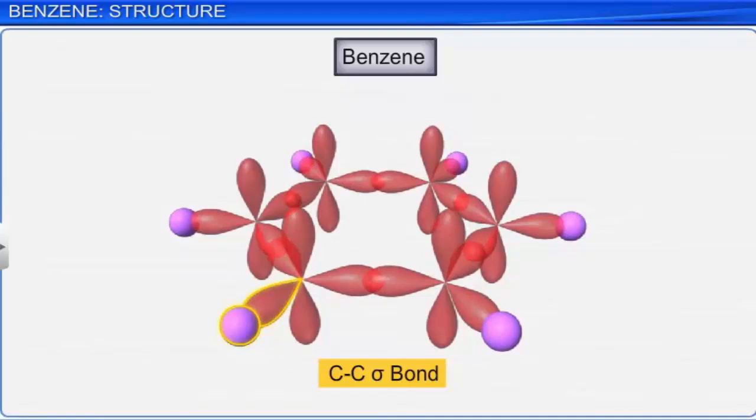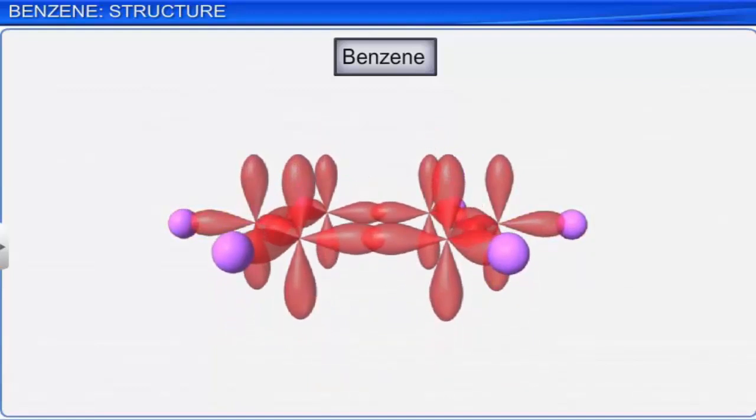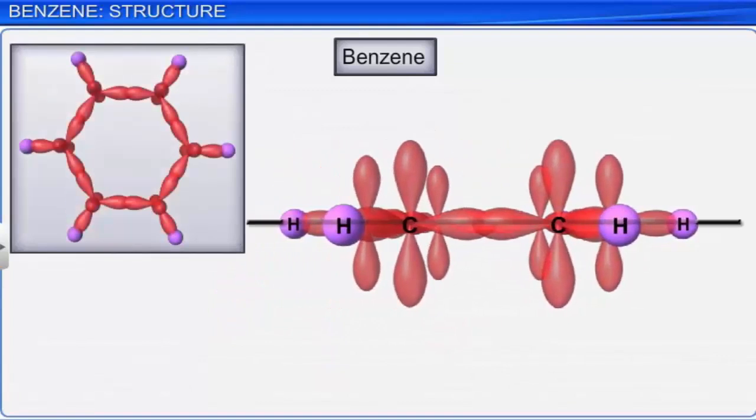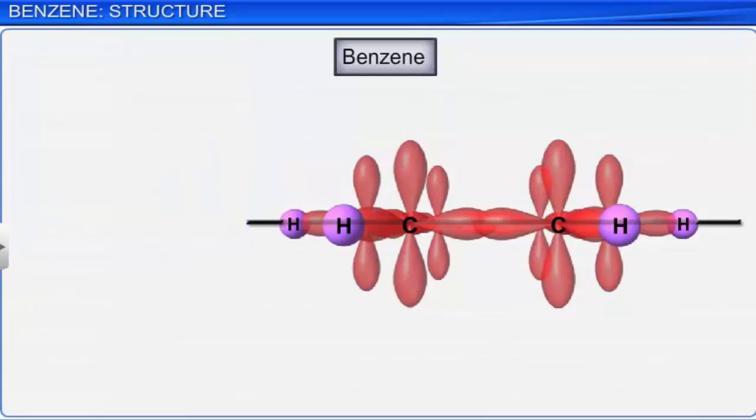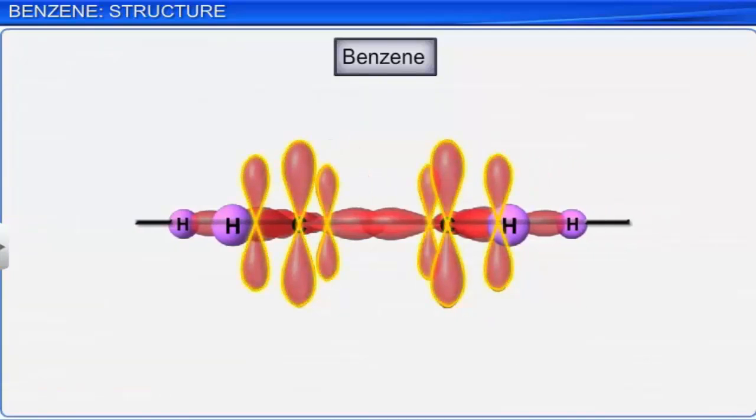Thus, all the carbon and hydrogen atoms in benzene lie in the same plane with a bond angle of 120 degrees. Here, each carbon atom is left with one unhybridized 2p orbital at right angle to the hexagon of the carbon atoms in benzene. We know that the p orbital has two equal lobes, one lying above and the other below the plane of the ring.